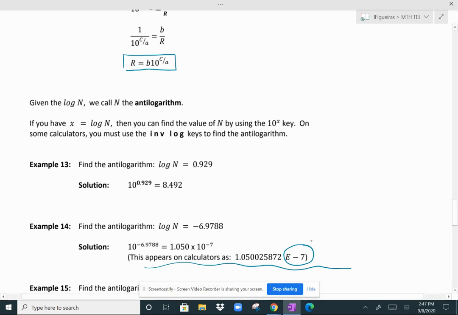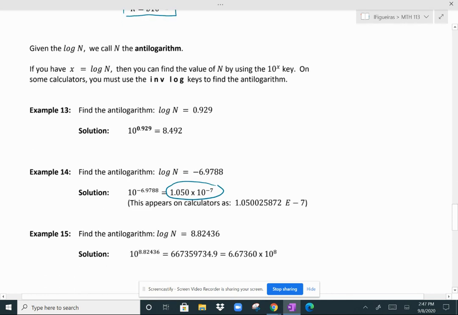So if we use scientific notation in order to write that differently, that's the same as 1.05 times 10 to the negative 7. So again, follow the directions in your homework to make sure that you present it the way they're asked. Scientific notation is just convenient, and so that you round appropriately.